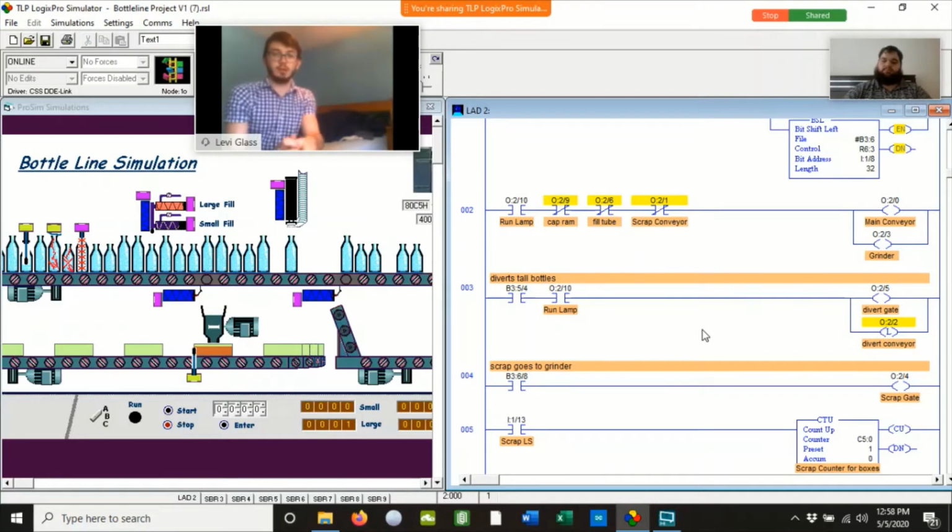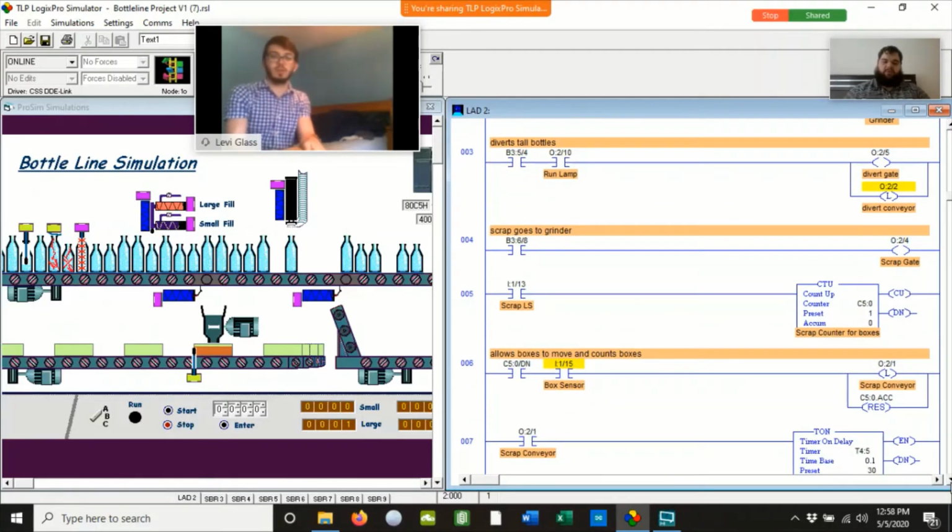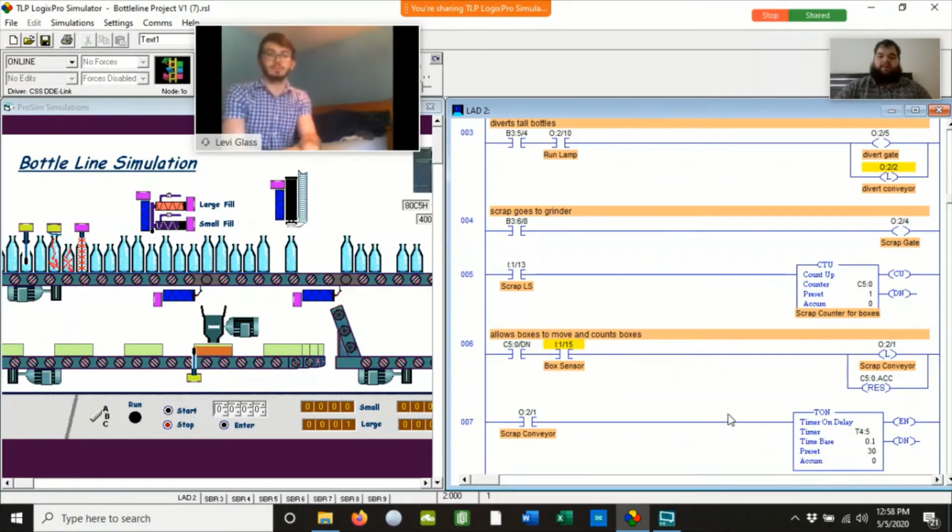Our next couple of rungs are when the scrap goes to the grinder, which is where I'll let Stephen take over for a second. So when the scrap goes, we'll see here that word 6, bit 8 is the location of the scrap gate right here.